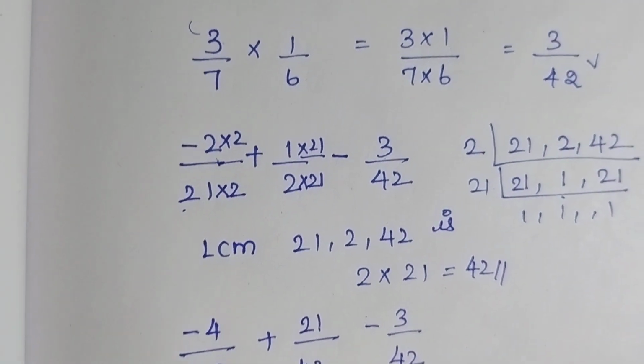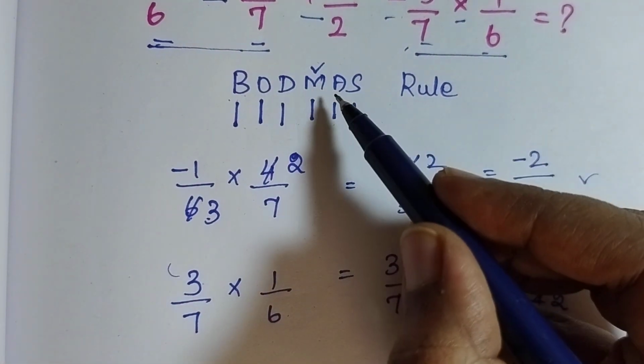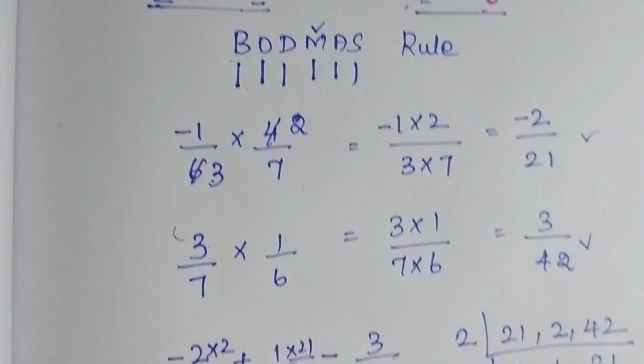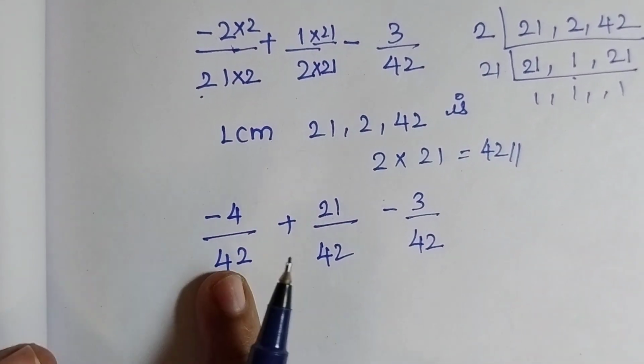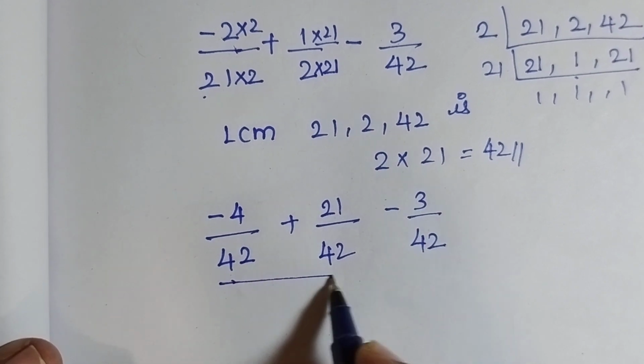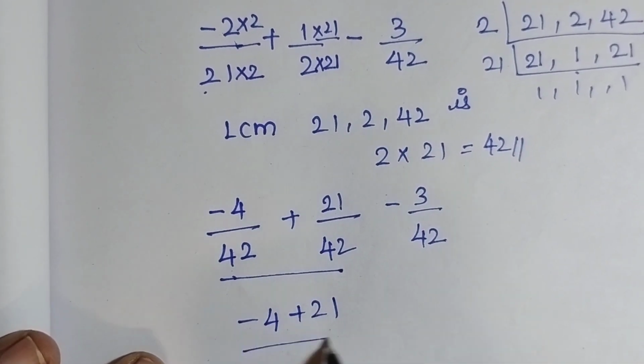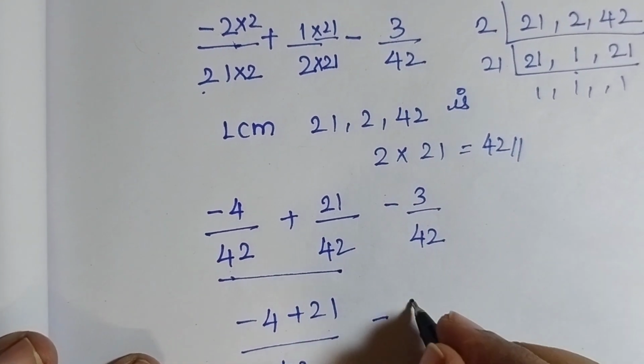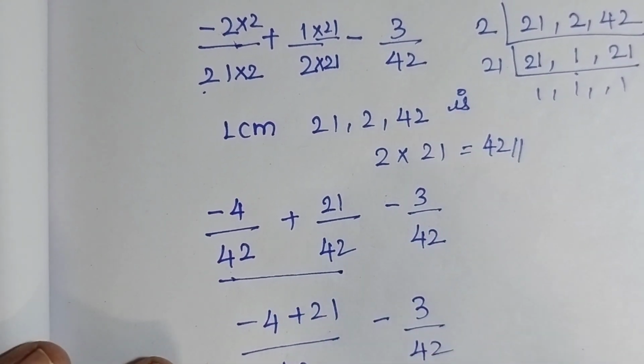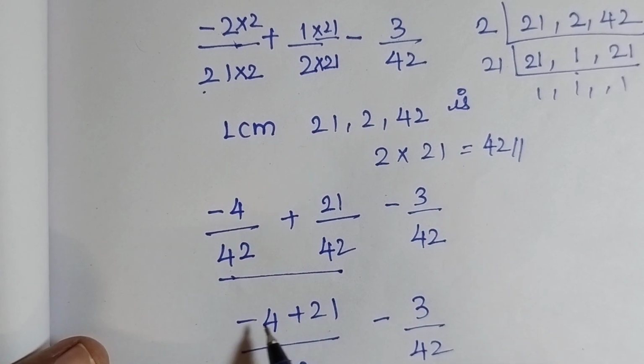If we see here, after multiplication, which will we give preference to? Addition. So the addition operation is these two. Next we need to take these two sets. So minus 4 plus 21 divided by 42, minus 3 by 42. If I add these two, what will I get?